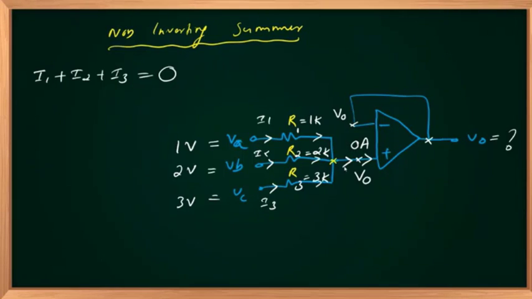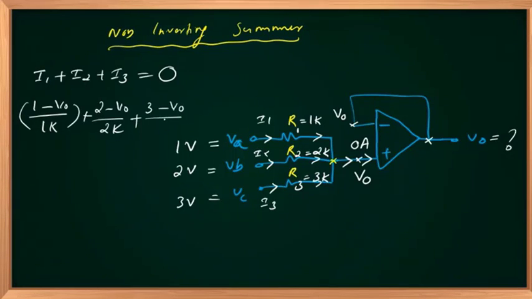And I1 is nothing but 1 minus V out by 1K. I2 is nothing but 2 minus V out by 2K, plus 3 minus V out by 2K. Sum should be equal to 0.